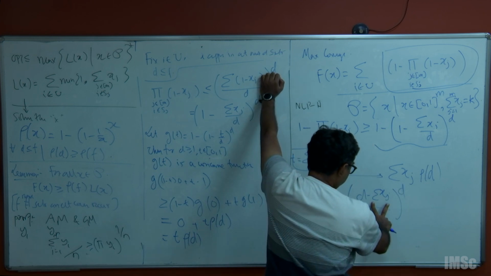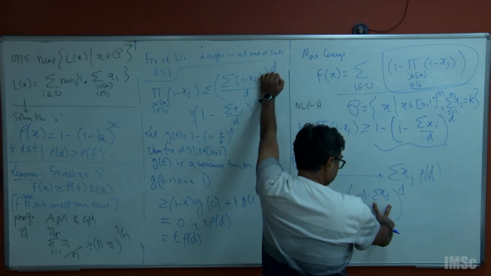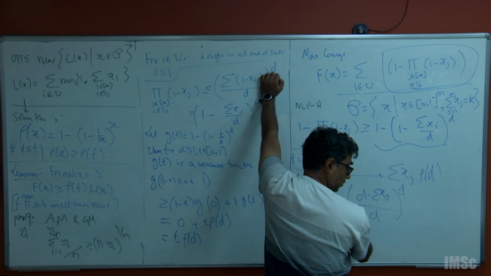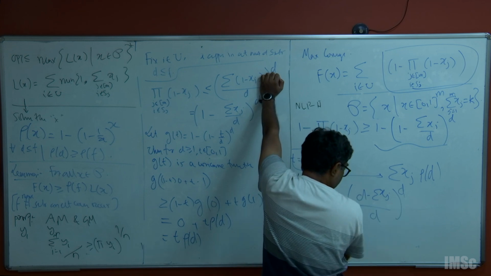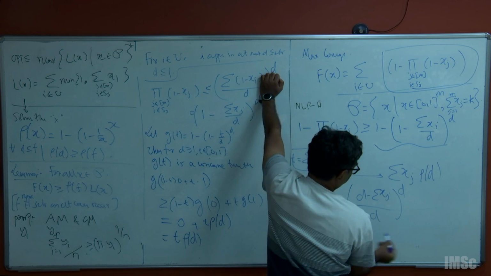This quantity summation xj is more than 1, but it's a positive quantity, it doesn't matter. That is strictly more. So this quantity is strictly less than 1, so that power is strictly less than 1, right?